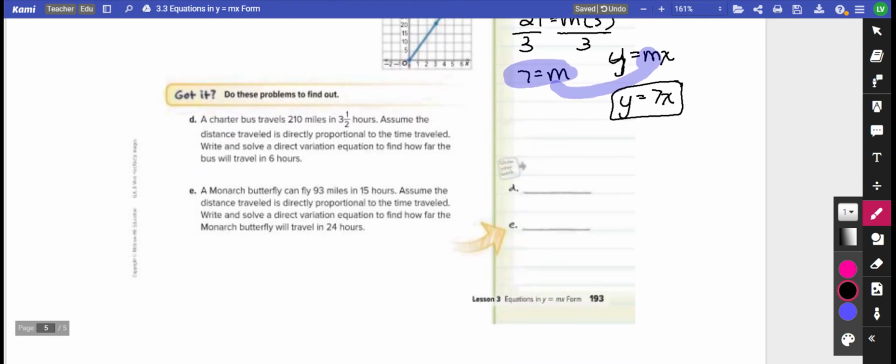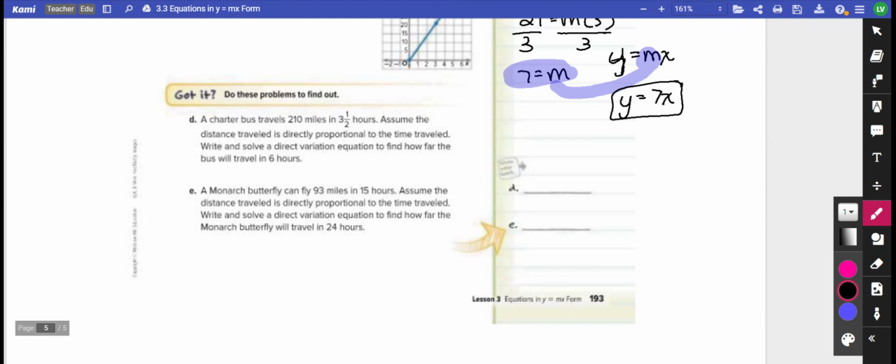So a charter bus travels 210 miles in 3.5 hours. Assume the distance traveled is directly proportional to the time traveled. Write and solve a direct variation equation to find how far the bus will travel in 6 hours. So first we need to solve a direct variation equation.